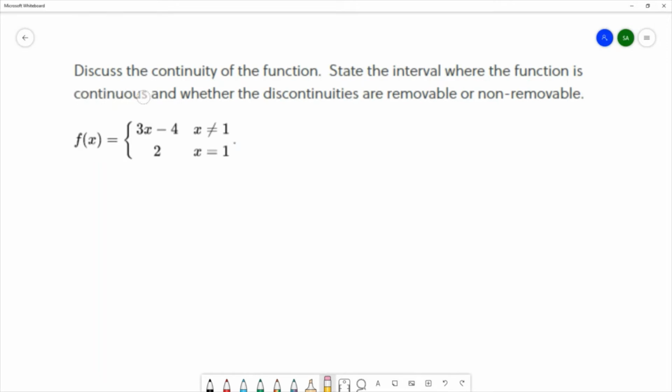We're looking for where the function is continuous, so we'll look at the continuity criteria at the value of x equals 1. So there are 3 criteria for a function to be continuous at a point. Number 1, the function is defined at that point.